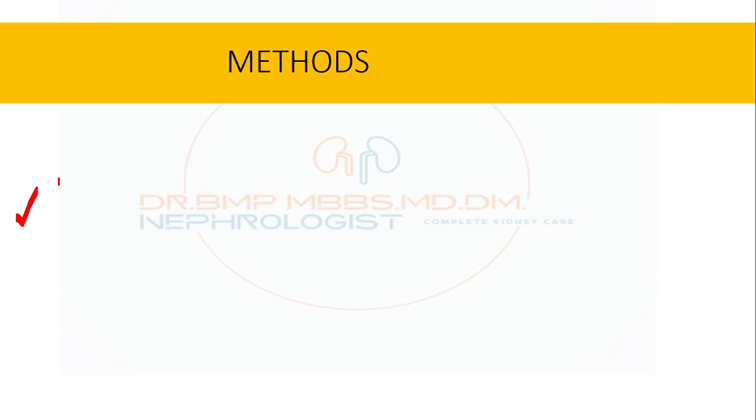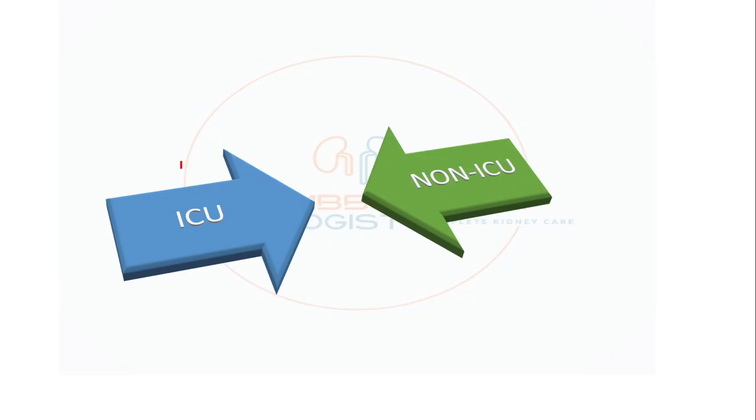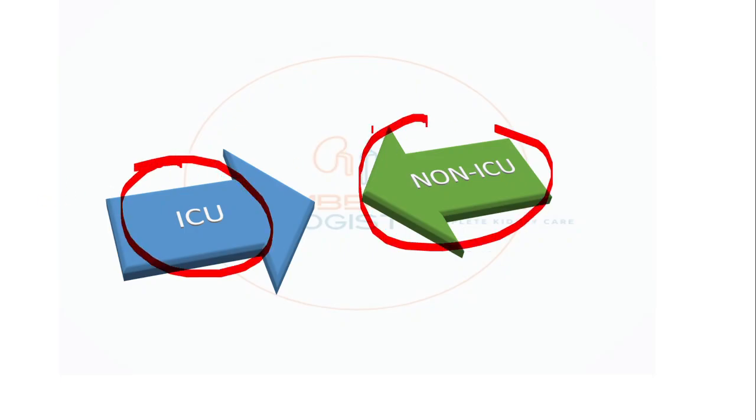The methods can be classified as the methods that we use in patients who are in ICU and in patients who are not in ICU. Probably ICU patients are bedridden, they might not be cooperative.